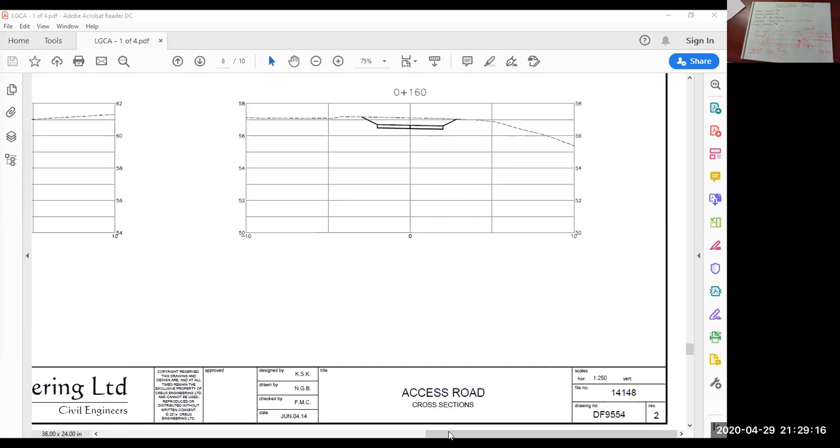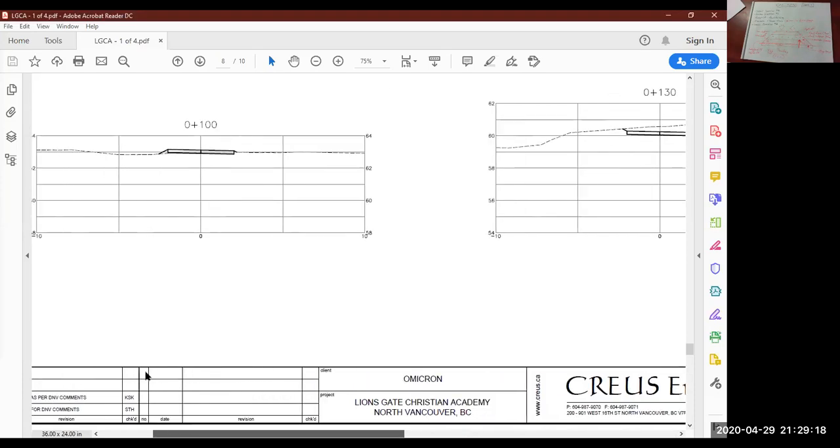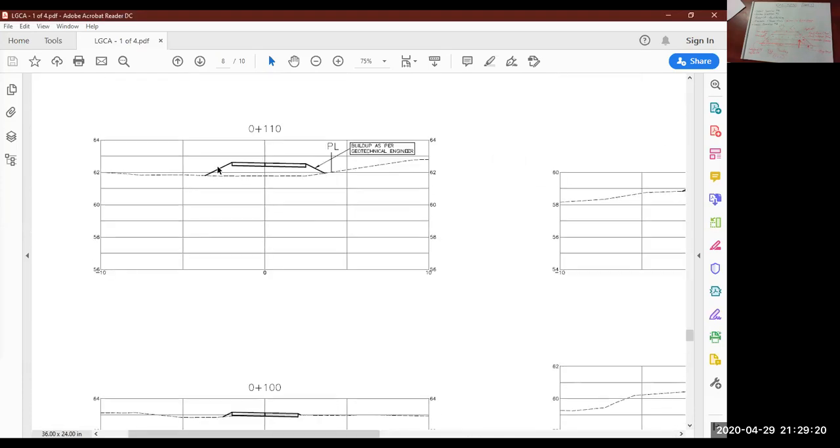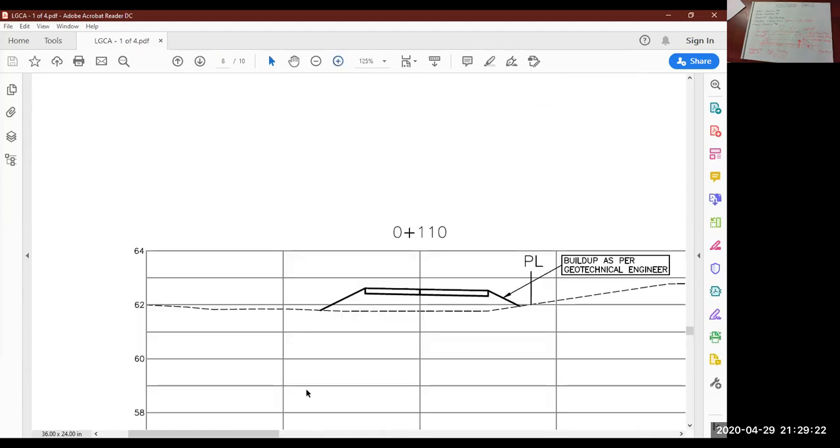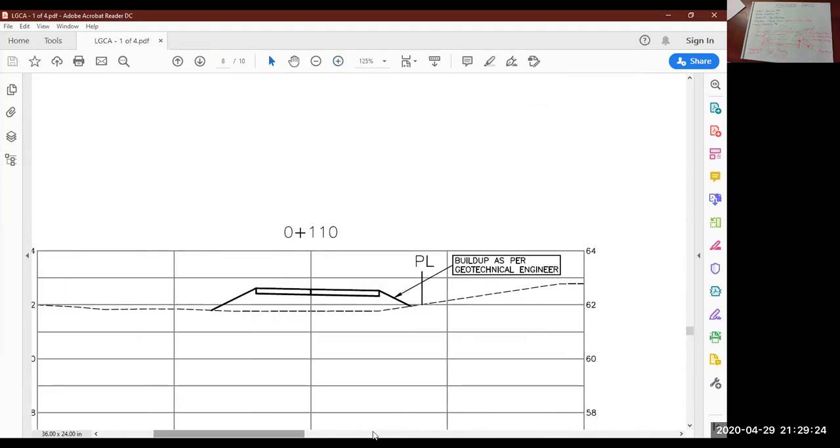If we look at, let's go back to 110. The length of that box is 5 meters, and the height of the same box is 1 meter. It looks like, just roughly by eye, from the dash line to the underside of the road gravels is less than 1 meter.